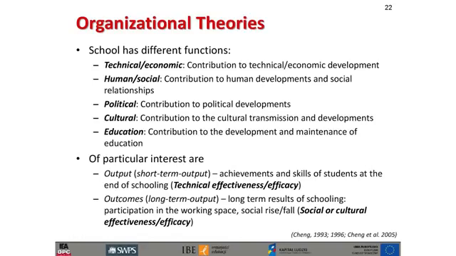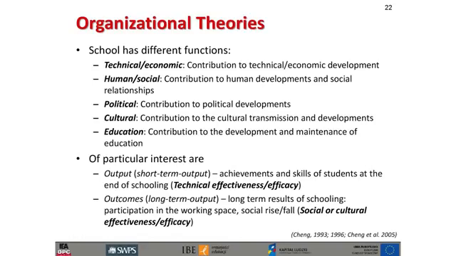Of particular interest in this context are student outputs, also called short-term outputs, which are defined as achievements or skills of students at the end of schooling. And this can be understood as the technical or economic function of school. However, all five functions can have short-term and long-term outputs, right?